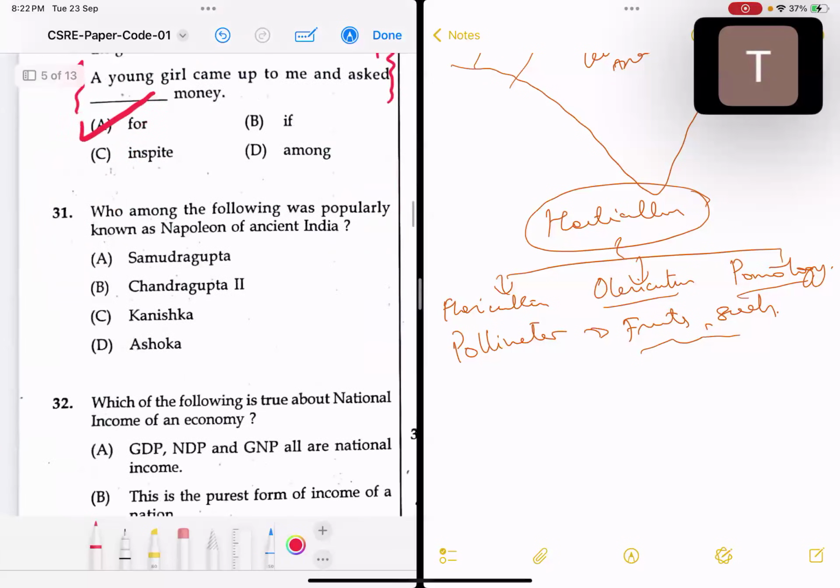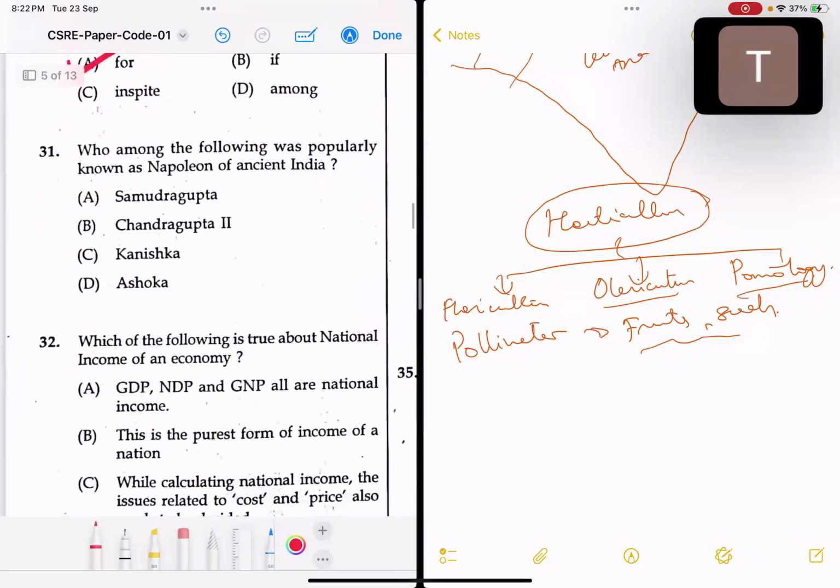Question number 31, who among the following was popularly known as Napoleon of ancient India? Now, if you are quite aware of it, then you know that it's Samudragupta, right? Because he is known for his military campaigns, okay?